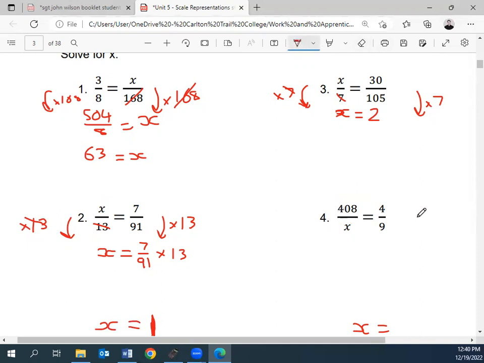So what I'm going to do is, right now, 408 is being divided by x, right? So I need to do the opposite of dividing by x. I need to get it outside of this fraction. So I'm going to times both sides by x.